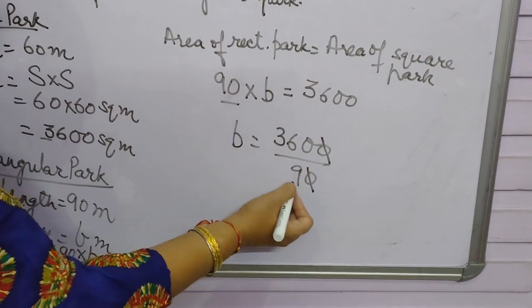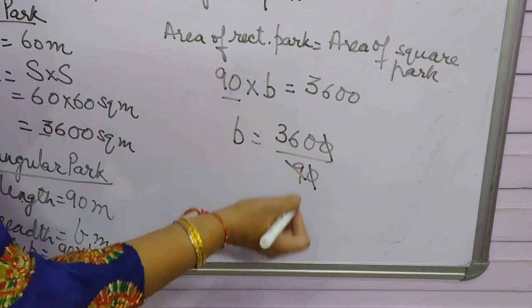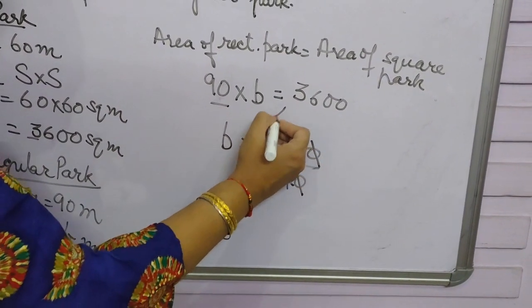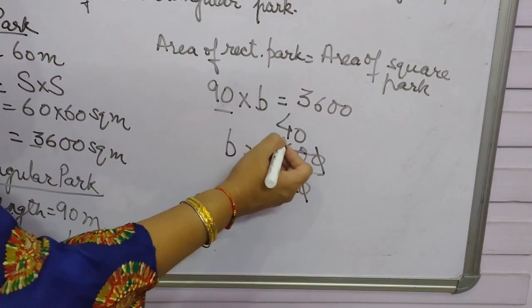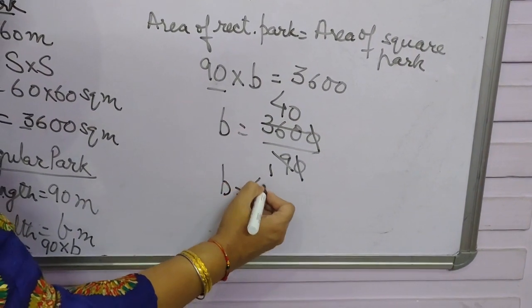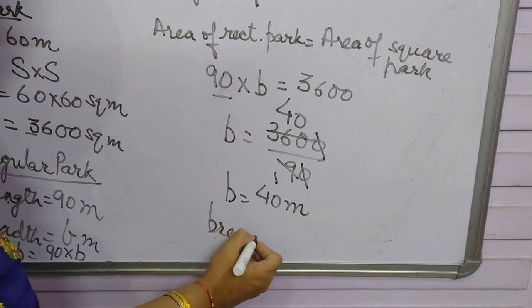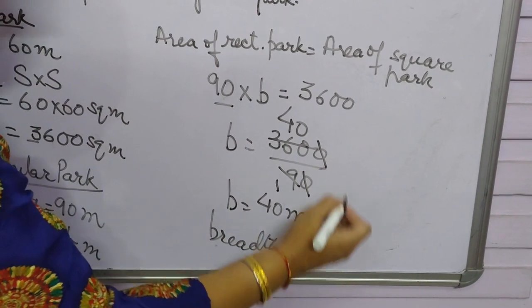Now we are left with 360 upon 9. If you want to divide it by 3, then you will have to do it twice. Otherwise, you can directly divide it by 9. 9 fours are 36 and 1 zero. So here our breadth comes out to be 40 meters. So the breadth of the rectangular park is 40 meters.